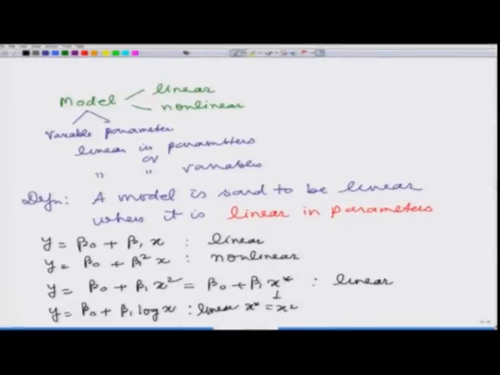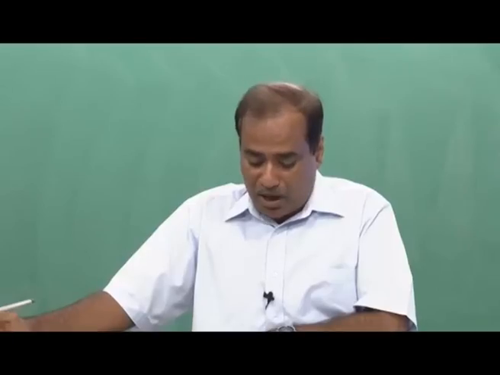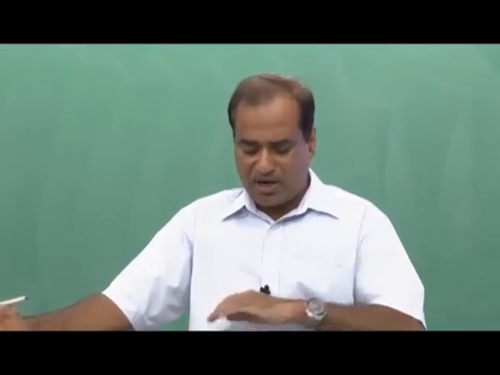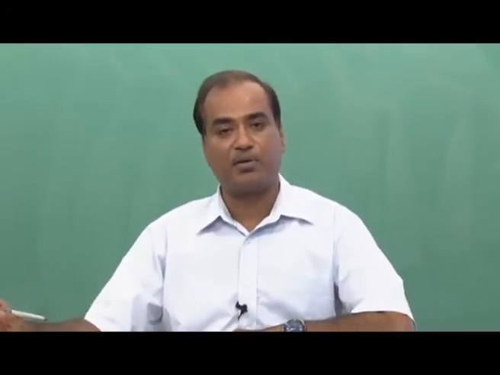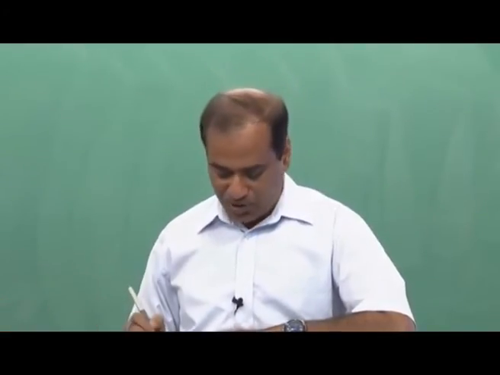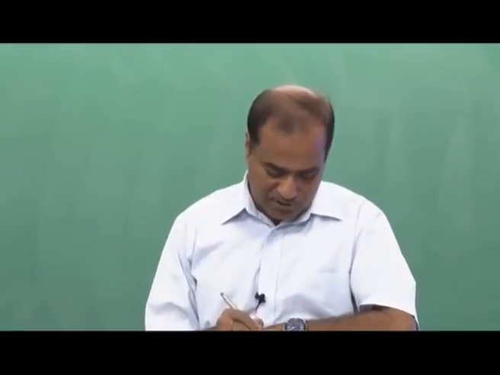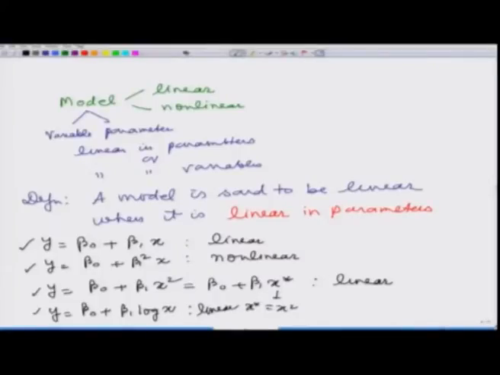So this is what you have to keep in mind, how we define a model to be linear or non-linear. Now our issue is that we want to translate this into a proper definition. So if you observe these examples, we need to translate this definition into a proper way.